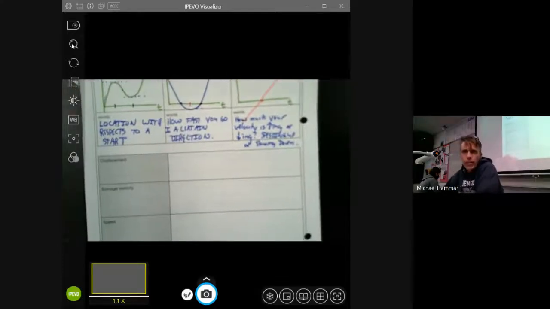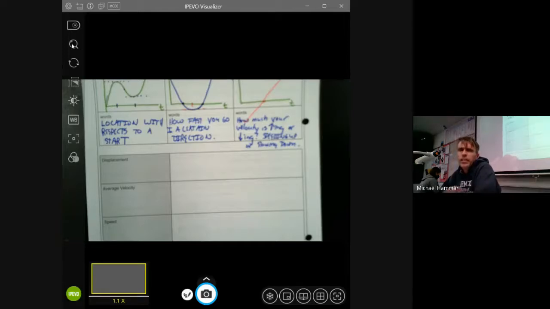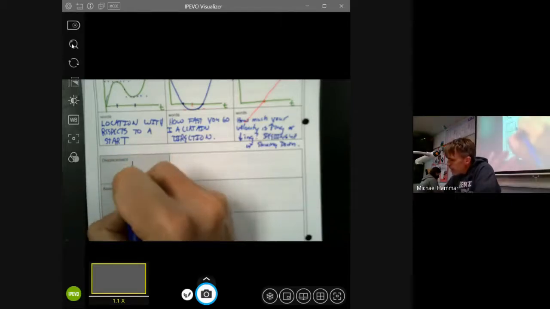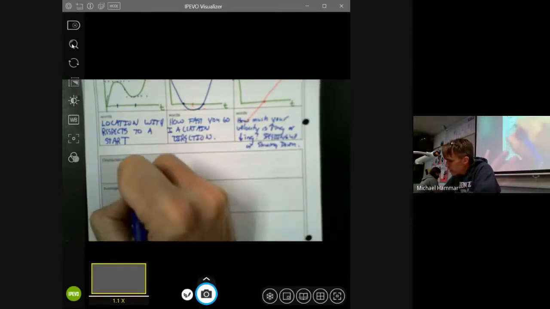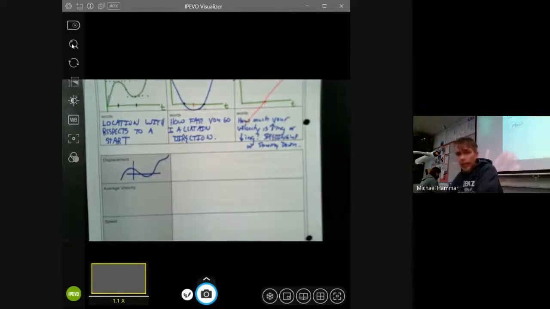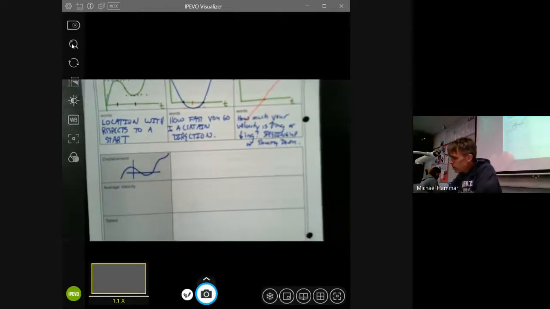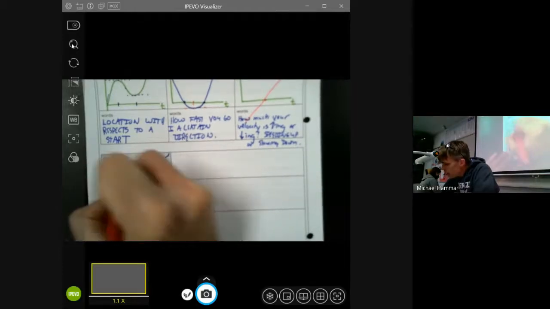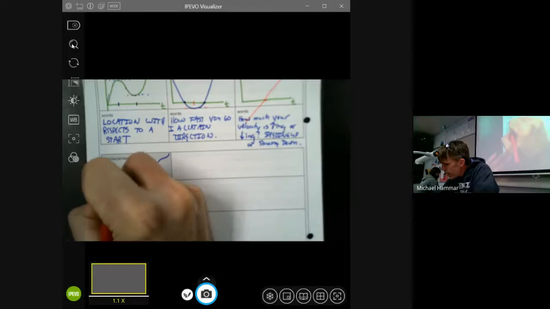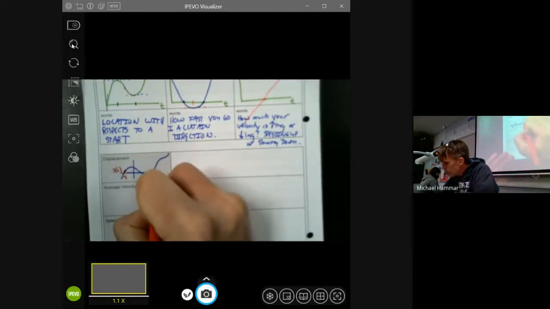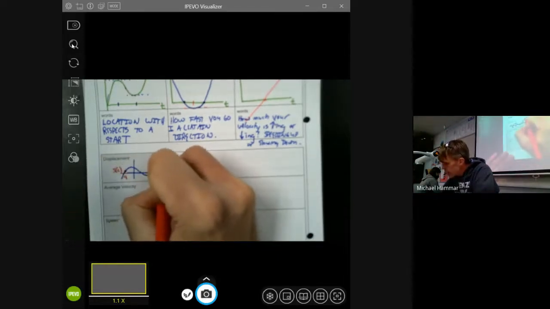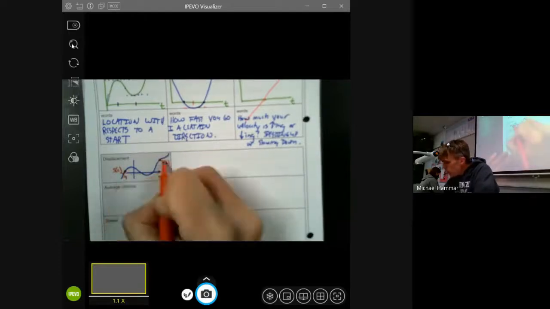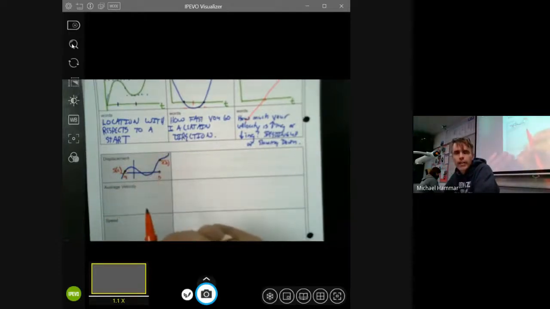So let's take a look at this idea of displacement. Displacement is how far are you from a certain point. So if I were to give you any sort of graph, and let's say the graph just kind of goes like this and it winds around, and here is point A. So this would be S of A. And then here is point B. This would be S of B. I just want to know how far apart you are in total.